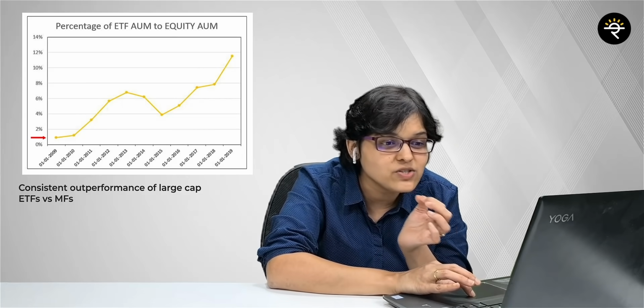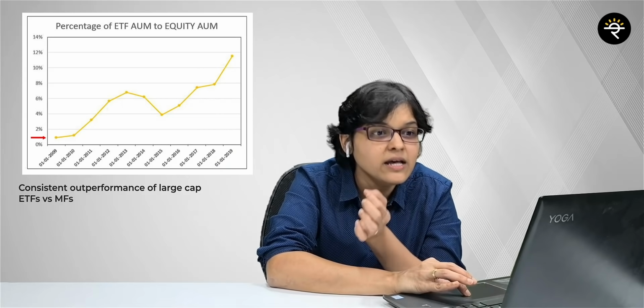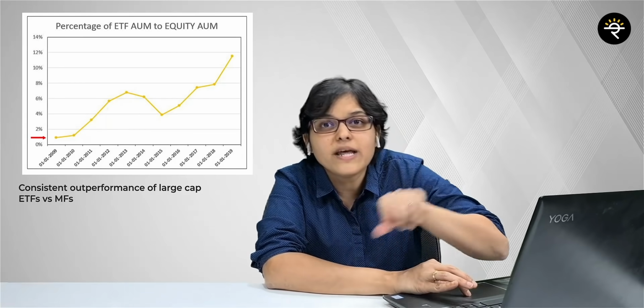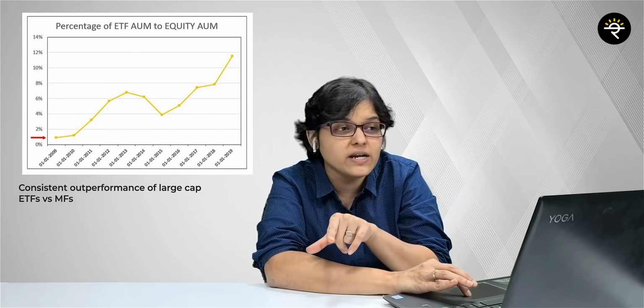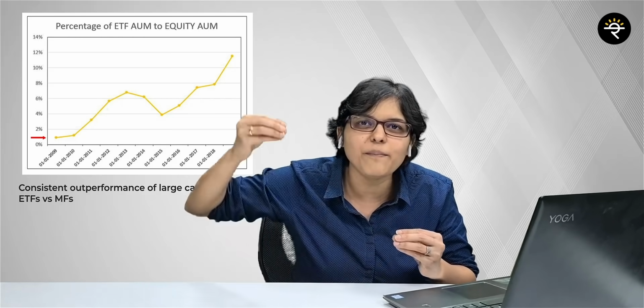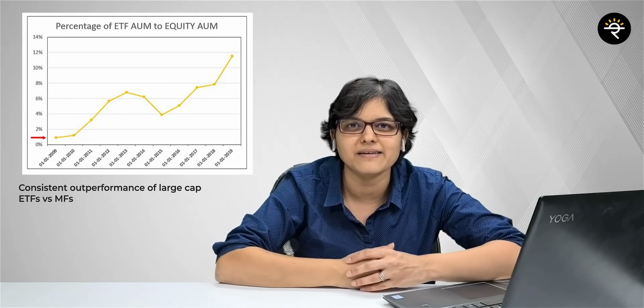And if you check in 2019, roughly, this number is touching 12%. So out of the total equity AUM, 12% goes to ETF AUM. I hope you're understanding that the ETF percentage is going up and up as the years pass by.